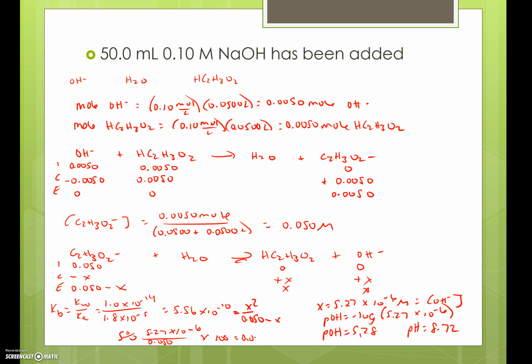We'll plug our values into our K expression, solve for X. X will equal our hydroxide ion concentration for this particular example. So the negative log of that value will give us a pOH of 5.28. And if we subtract that from 14, the pH will be 8.72.